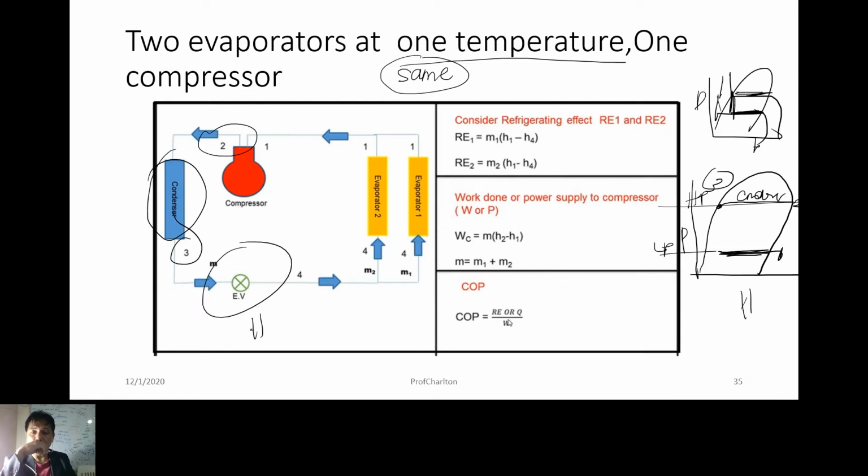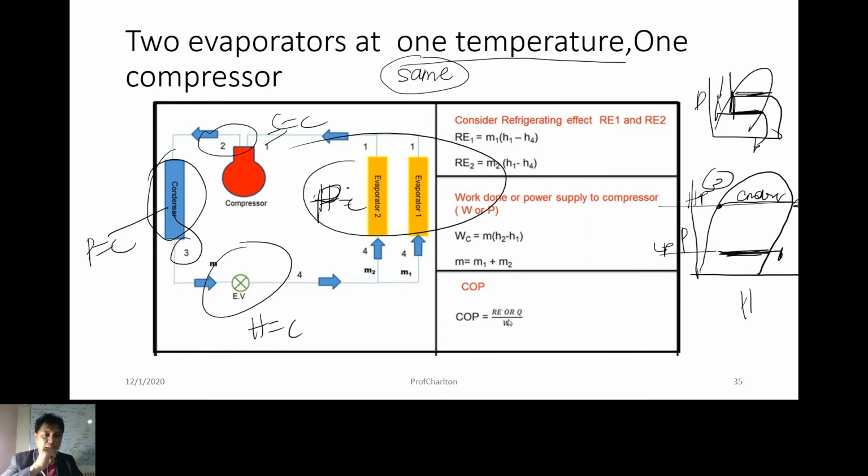Only one, and the process is constant enthalpy. This one is constant pressure, this one is constant entropy, and here again constant enthalpy and constant pressure. The representation is just like this, and then it goes up.